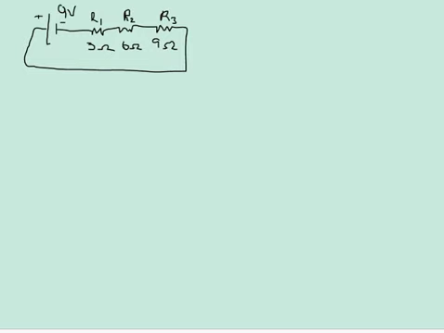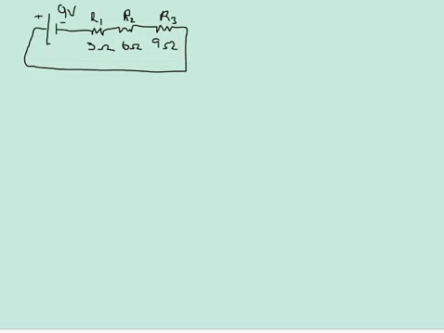Now what we have to do is figure out how much current is going to be sent out by the battery to supply the energy to these 3 resistors. Remember, the battery only sees the 3 resistors as one equivalent resistance.